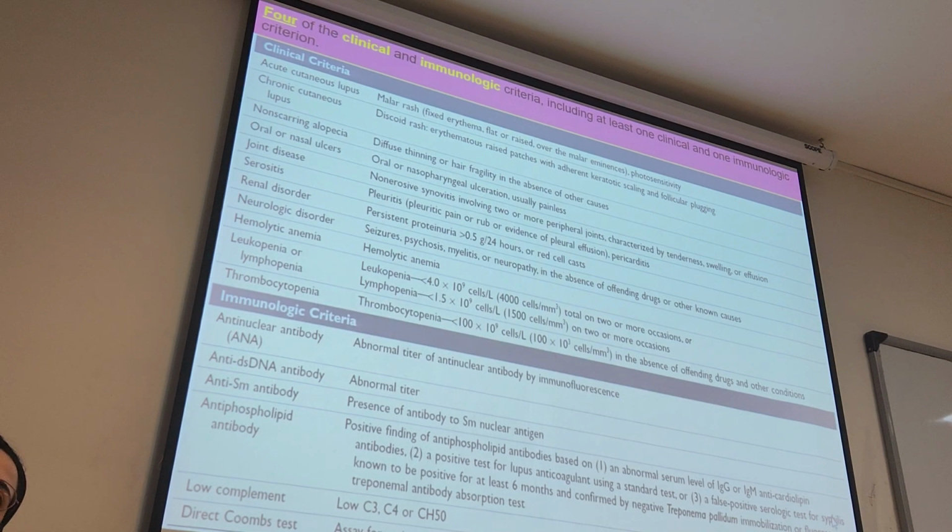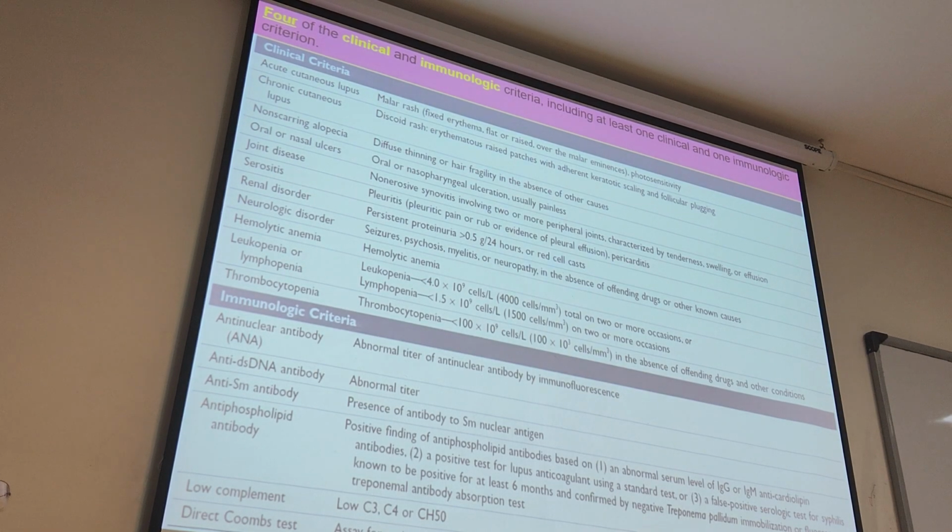So, which antibodies are present in lupus? Three types. ANA, double-stranded DNA, and Sm, Smith.